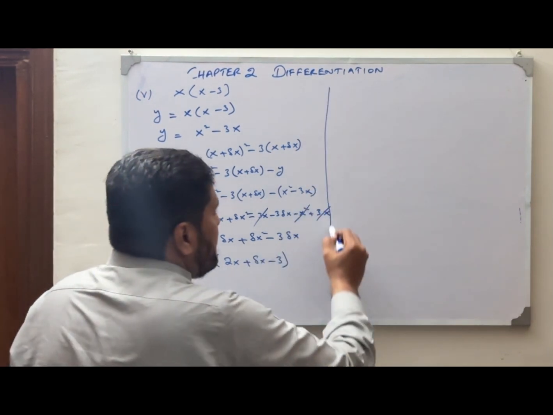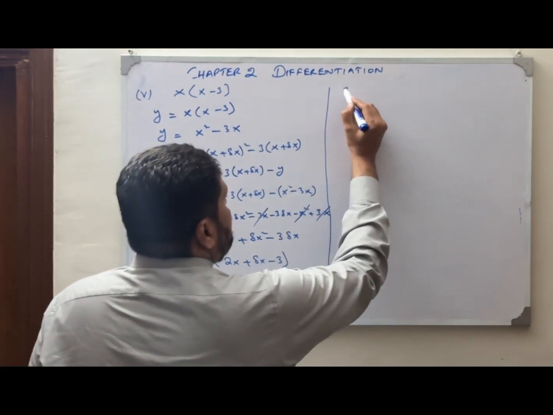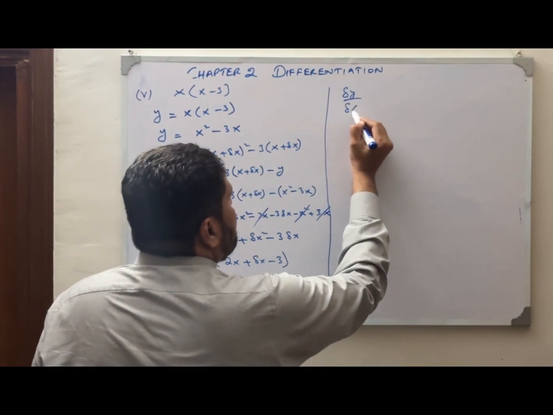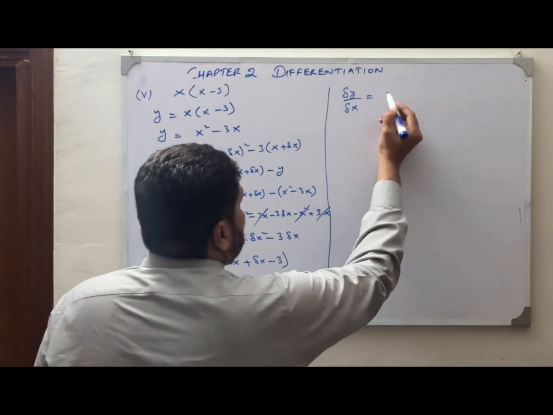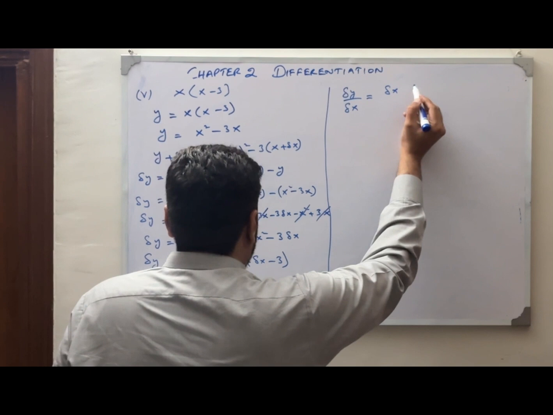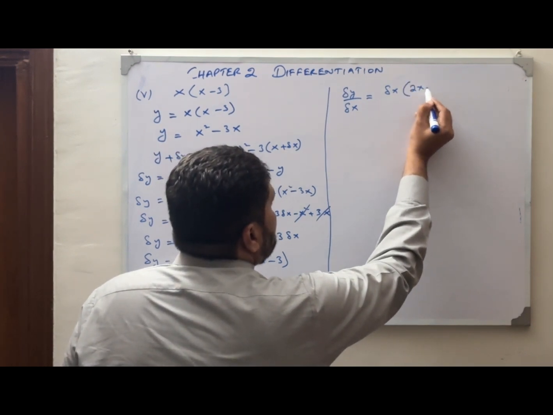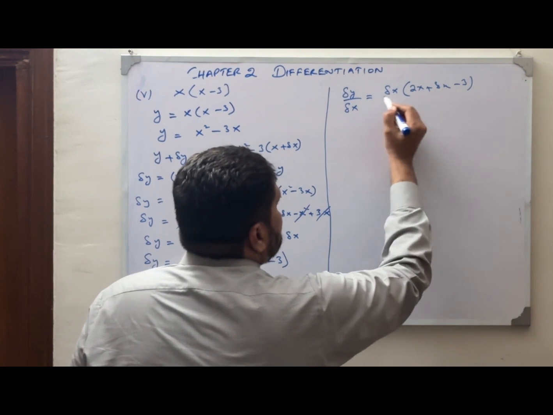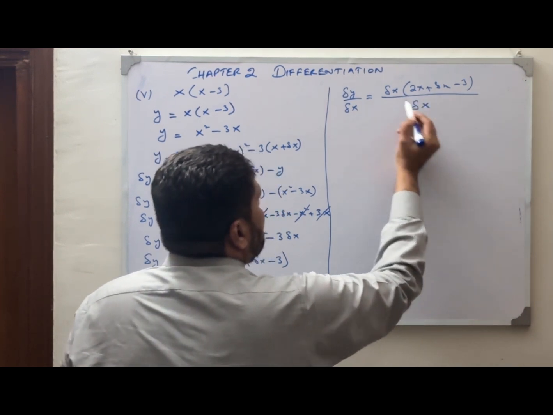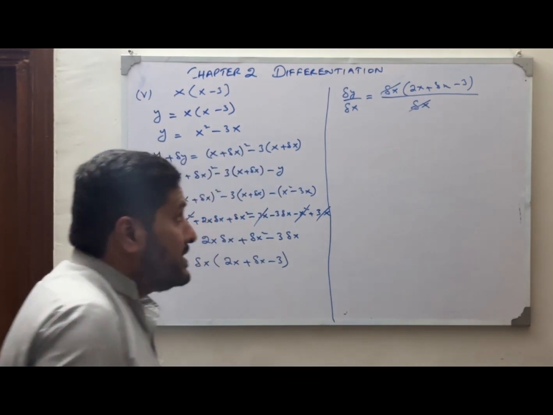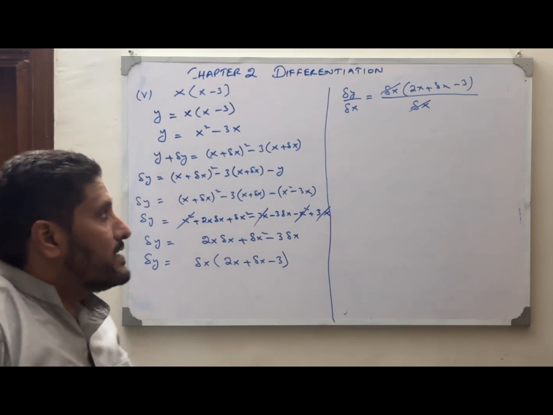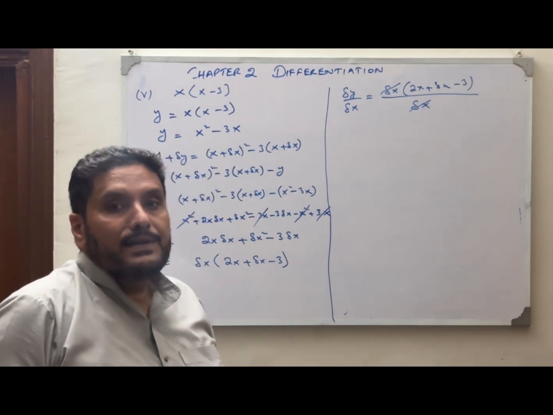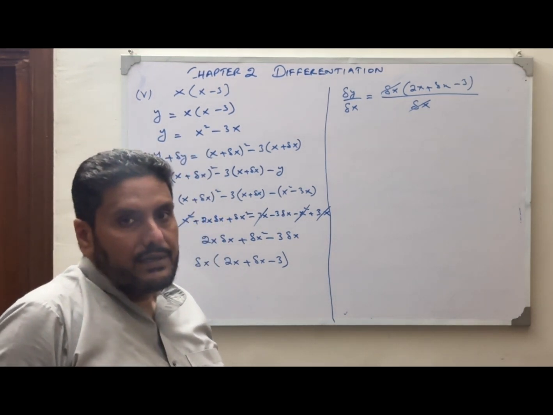So now we write delta y by delta x is equivalent to delta x into (2x plus delta x minus 3) whole divided by delta x. So this delta x will be cancelled, and our delta y by delta x is equal to 2x plus delta x minus 3.